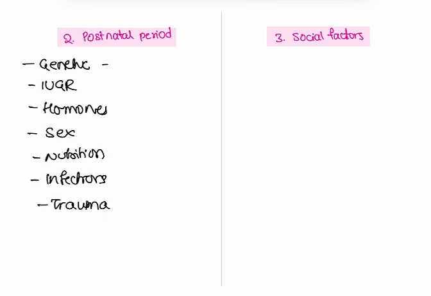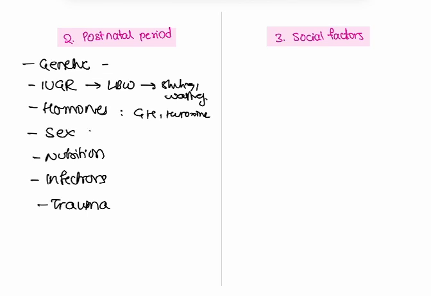Genetic: some genetic disorders result in short stature like Down syndrome and Turner syndrome. Some genetic disorders result in tall stature like Klinefelter syndrome. IUGR leads to low birth weight. That leads to stunting, wasting. Hormones like growth hormone and thyroxine are very essential for the growth of the child.